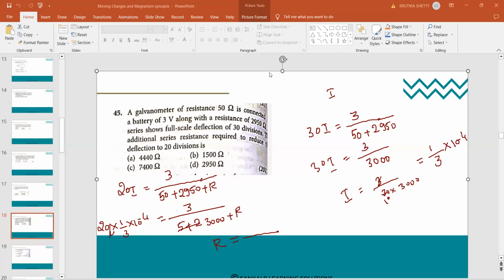If you are getting the answer, I can go for the next question. So tell me the answer at least. Yes, okay. So here you will get R is equal to 4500.